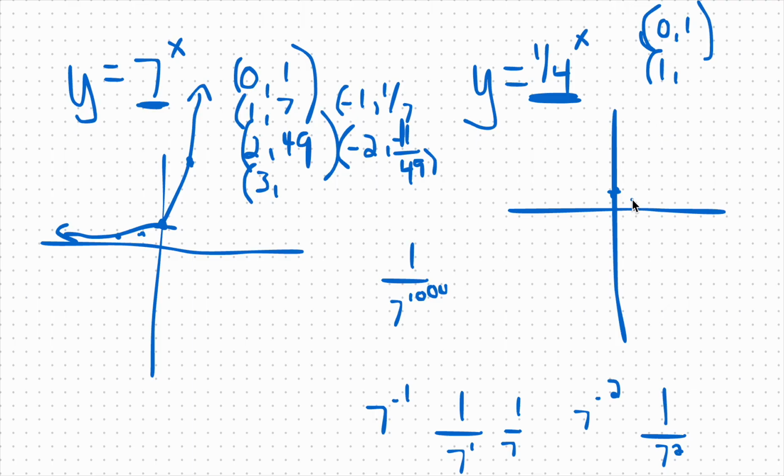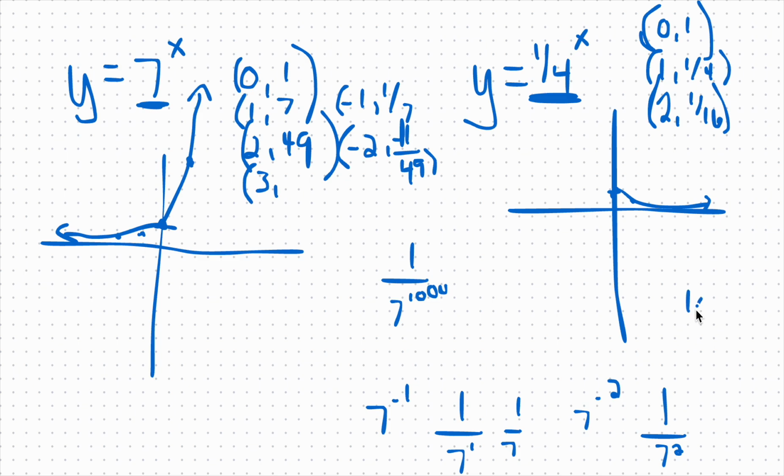So (1, 1/4) would be right about there. If I plug in 2, 1/4 to the power of 2 would be 1/16. And it's kind of a reverse. As I'm going this way, it's going to keep getting closer and closer to 0, but it is never going to get to 0. Let's look at my negatives.